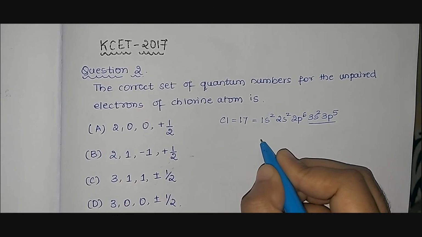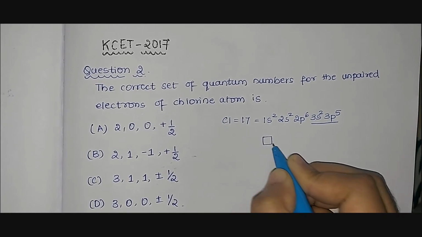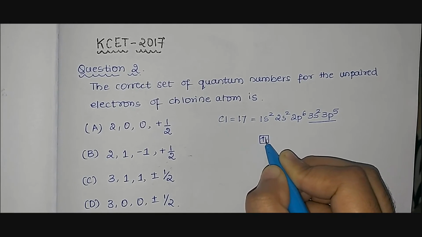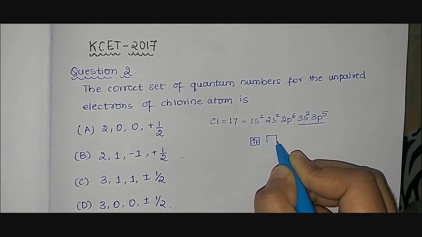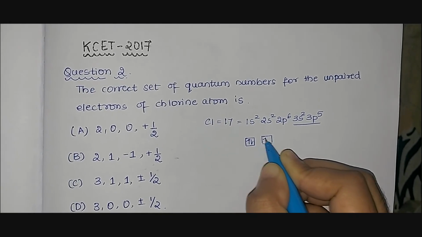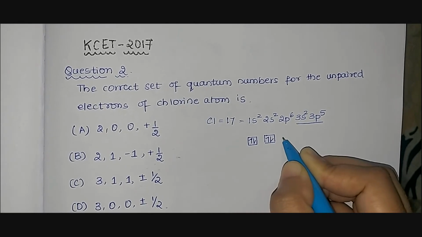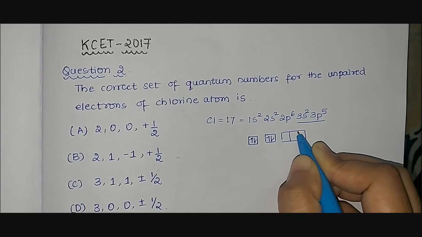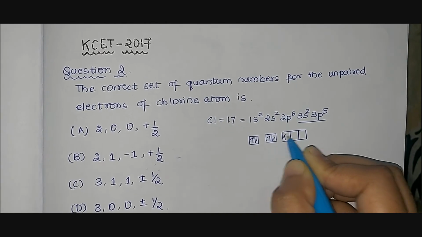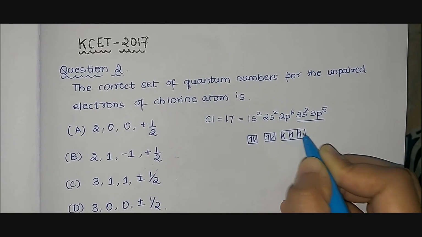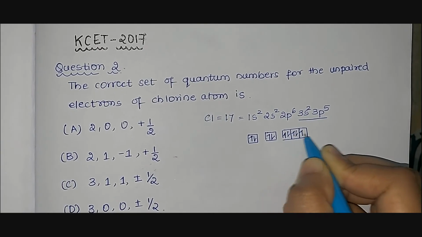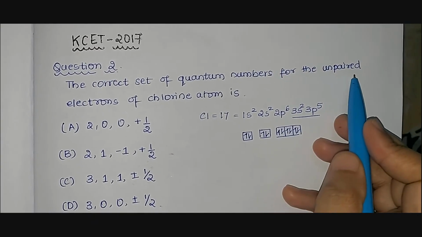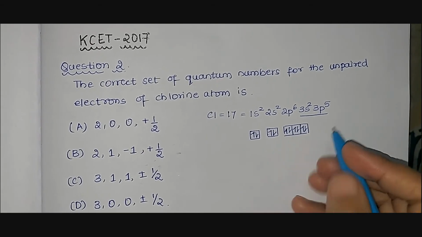Let us write the electronic configuration in the orbital box diagram. 1s2, so there are 2 electrons in 1s orbital. 2s2, there are 2 electrons in 2s orbital. 2p6, so it indicates there are 6 electrons, 1, 2, 3, 4, 5, 6. All these are paired. The question asks for the unpaired electron, so we need not consider this.